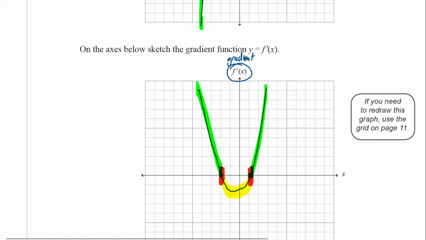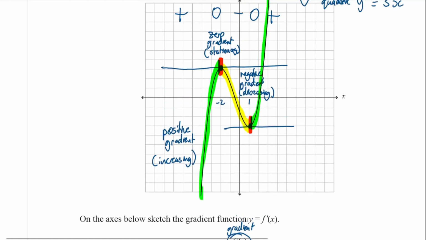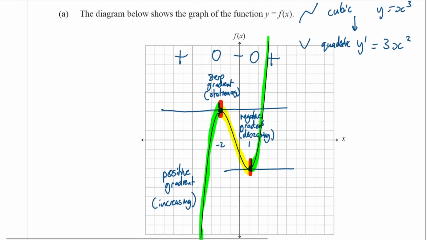The last thing to decide is, is it a positive parabola or is it a negative parabola? Now, just looking at the cubic, since it's a positive cubic, we know actually that the derivative will be a positive quadratic.